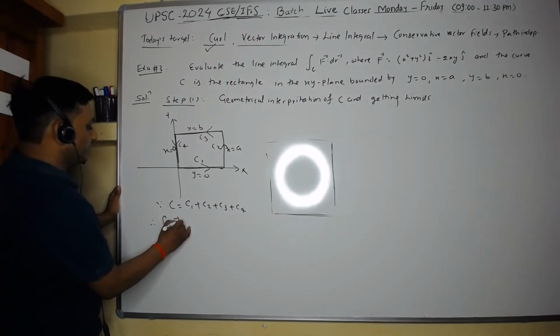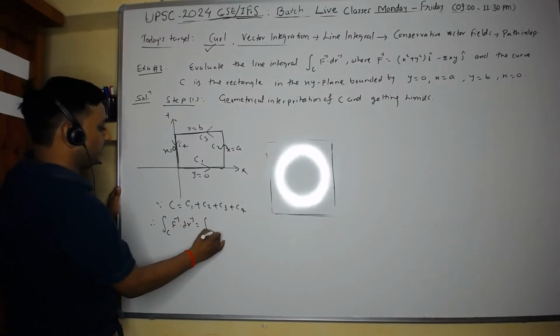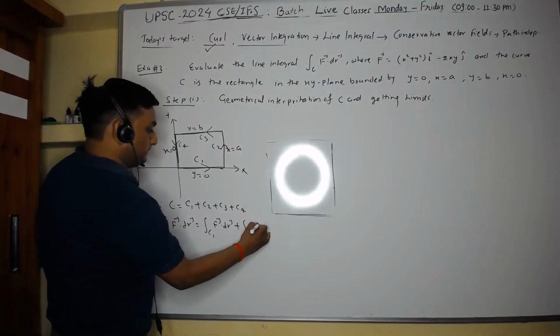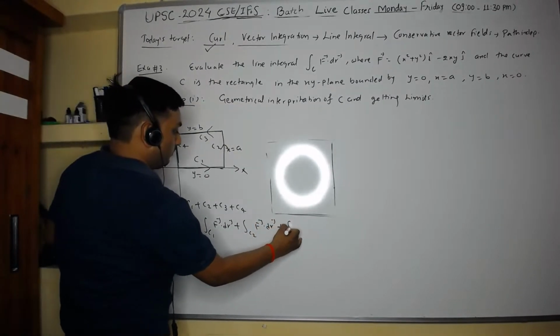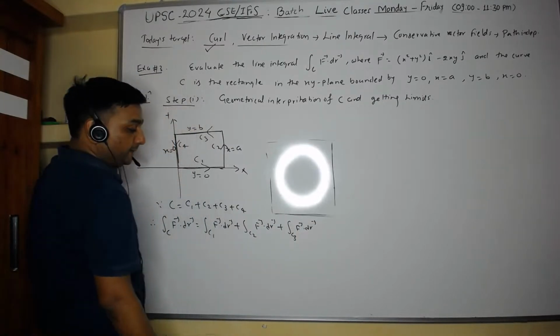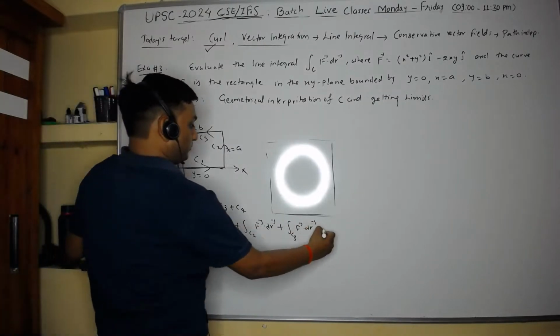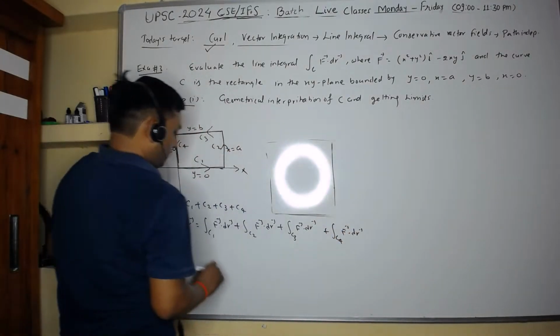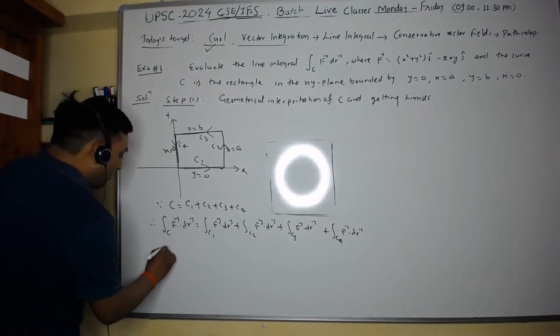So integration over C of f vector dot dr vector will be nothing but the sum over the four parts. Let's go.